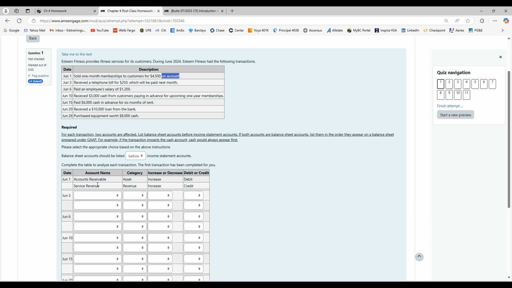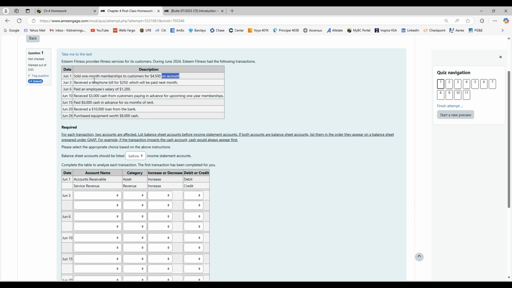We've got revenue associated with this sale, and that's a revenue account, both increasing. Accounts receivable as an asset increases with a debit, and service revenue, revenue of all types, increases with a credit.